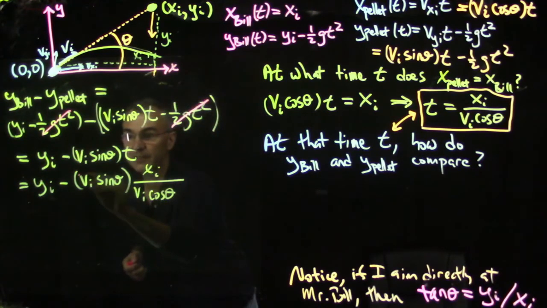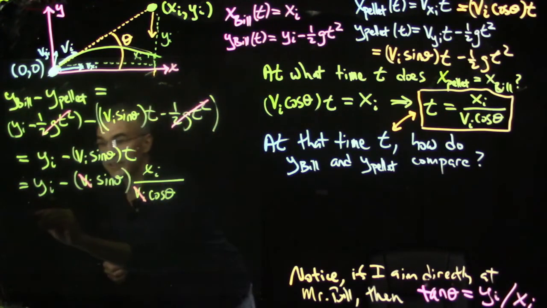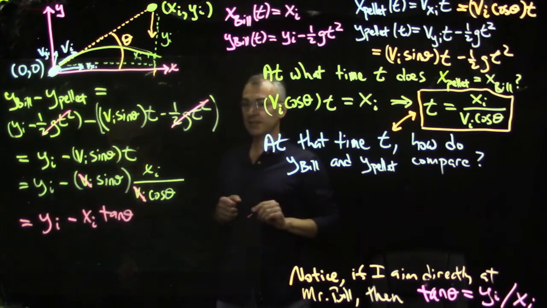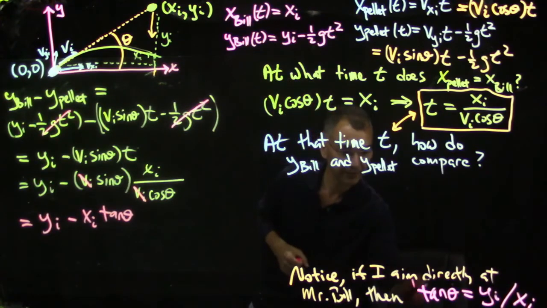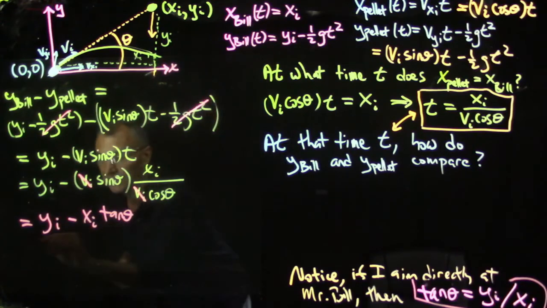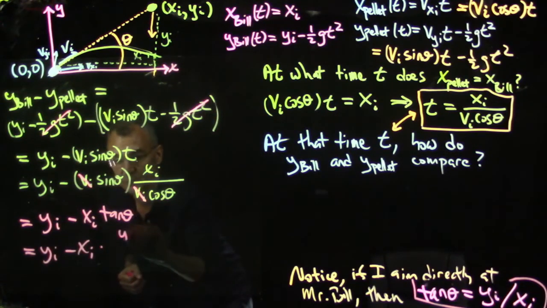It is x initial divided by v initial cosine theta. It seems like the v initial cancels out, and we get y initial minus x initial tan theta. And notice that tan theta equals y initial over x initial. So you see that's y initial minus x initial times y initial over x initial.